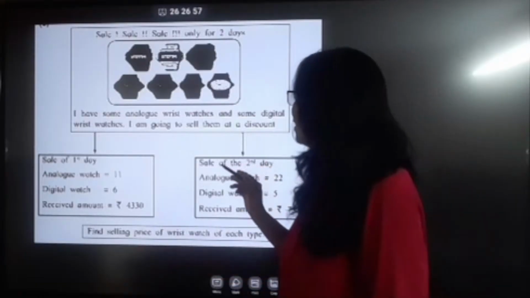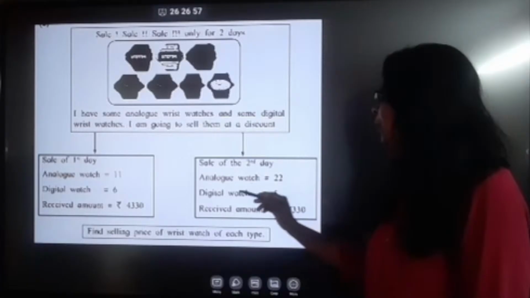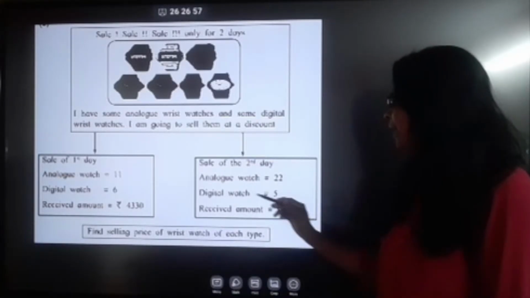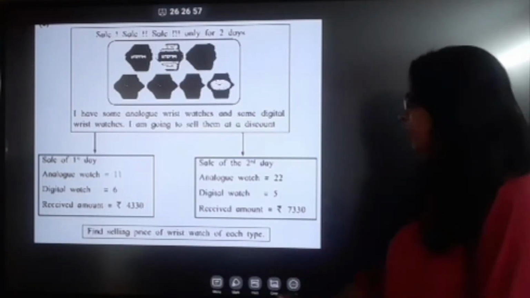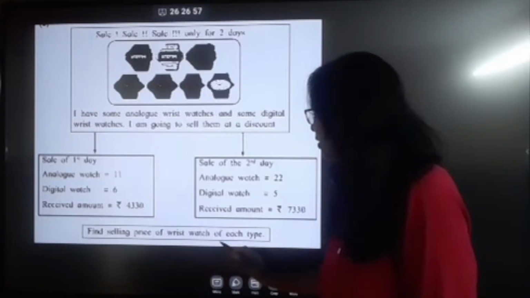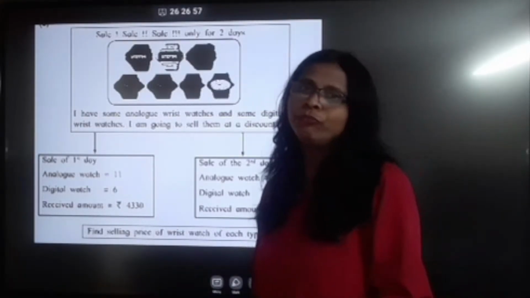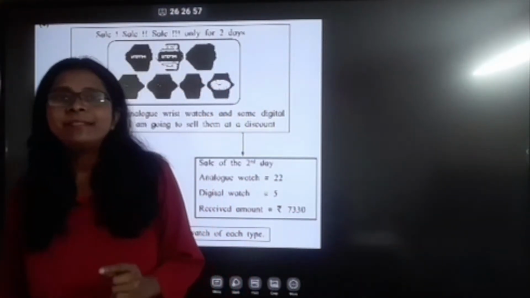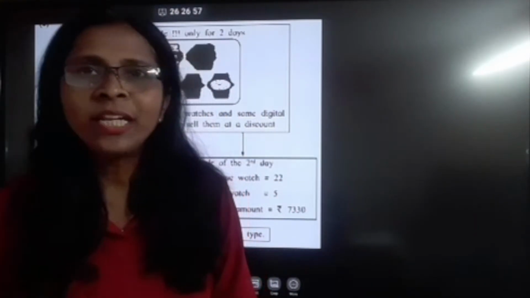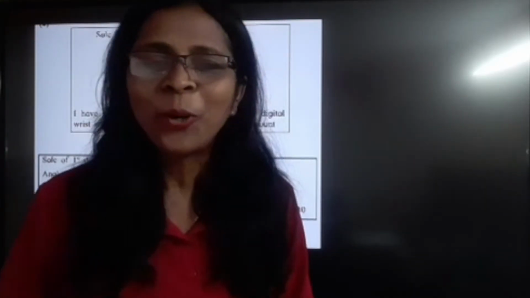On the second day, analog watches is 22, digital watches is 5, and the amount received is rupees 7,330. Find the selling price of a wristwatch of each type, that means the selling price of the analog wristwatch as well as the digital wristwatch.